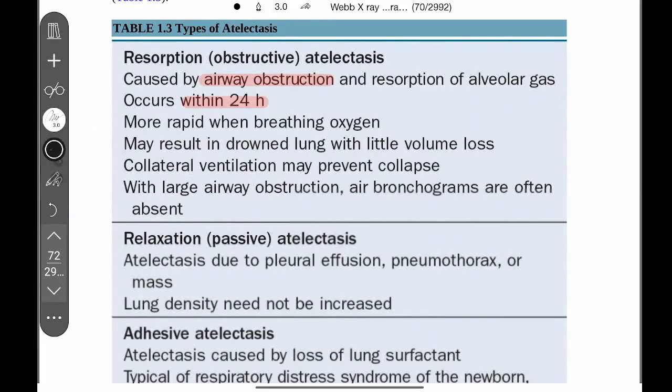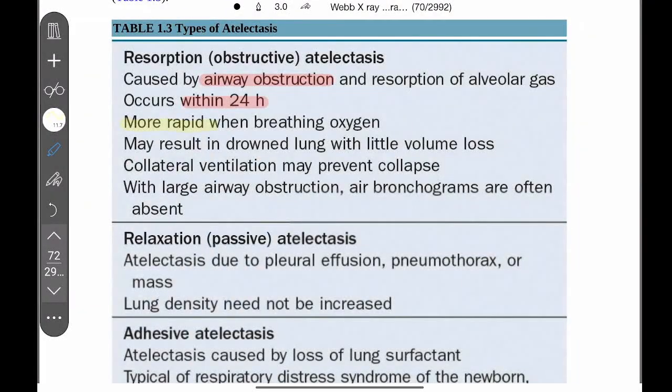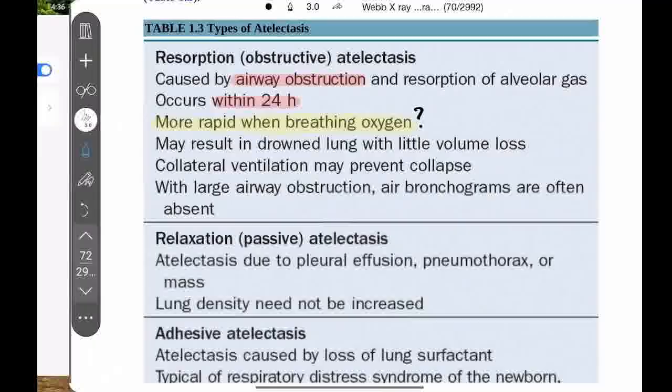As we're telling here, obstructive atelectasis is more rapid when breathing oxygen. So the question arises, why is it? When breathing more oxygen, why does obstructive atelectasis happen?